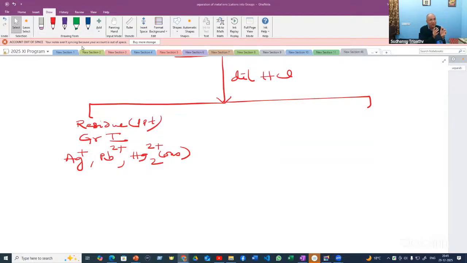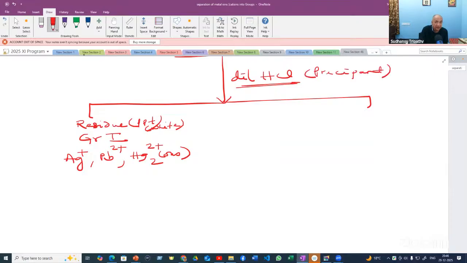And then remove that pudia, filter it, take that white. These are all white precipitates: silver chloride, lead chloride, because the precipitant is HCl. The real precipitant is the chloride ion.